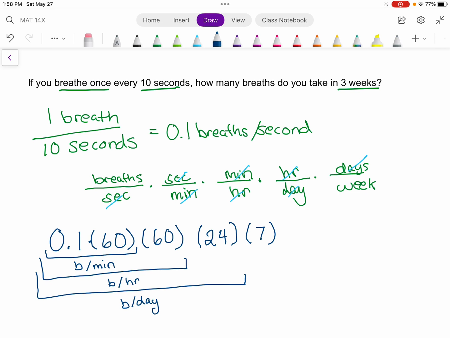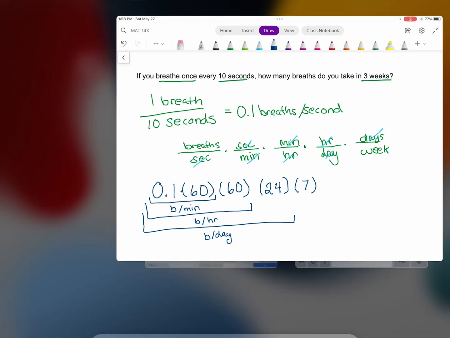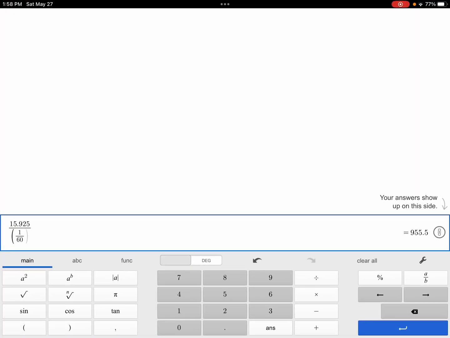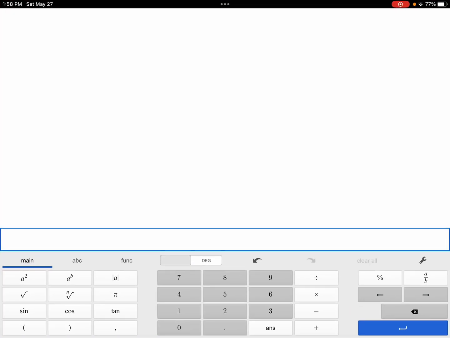And so we can go through and multiply this all out. So let's go back to our calculator. We're going to use our Desmos calculator. I'm going to just clear out what I have there. So we had 0.1 breaths per second times 60 seconds in a minute times 60 minutes in an hour times 24 hours in a day times 7 days in a week.